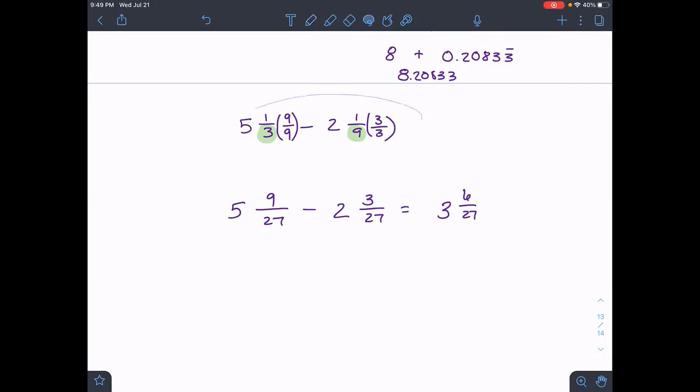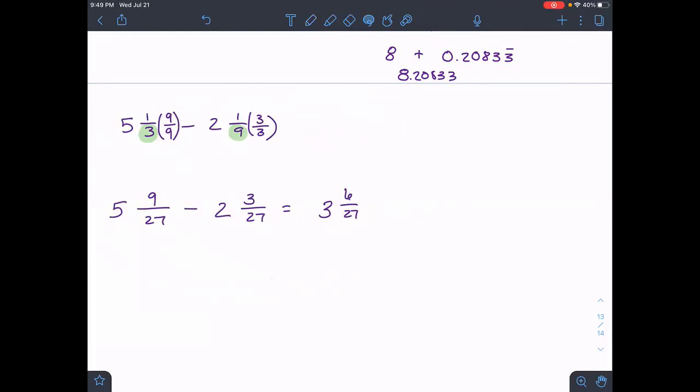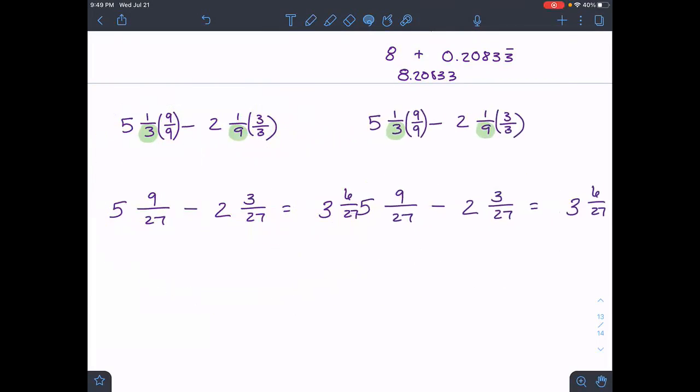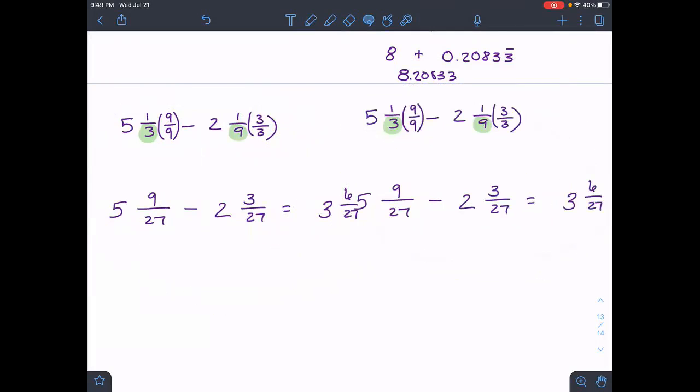Or I could try and think of a smaller common denominator. Now, I know that 3 fits into 9, so 9 can be my common denominator.